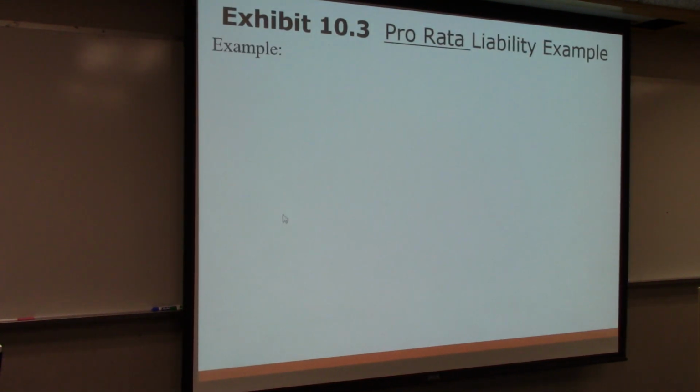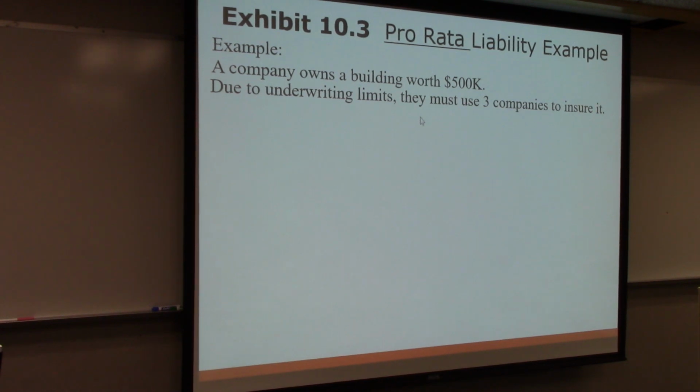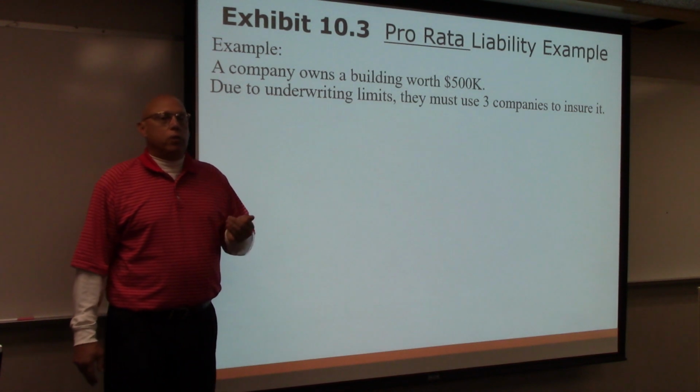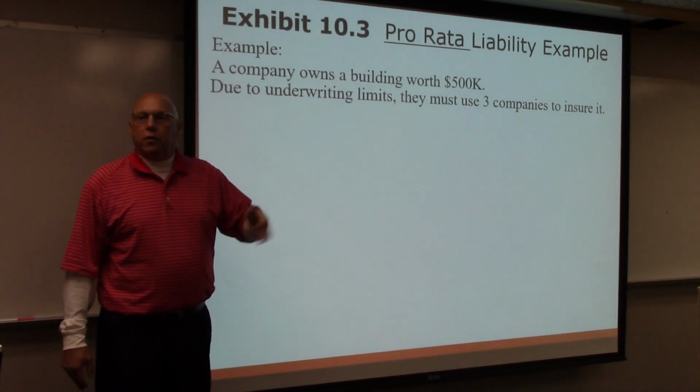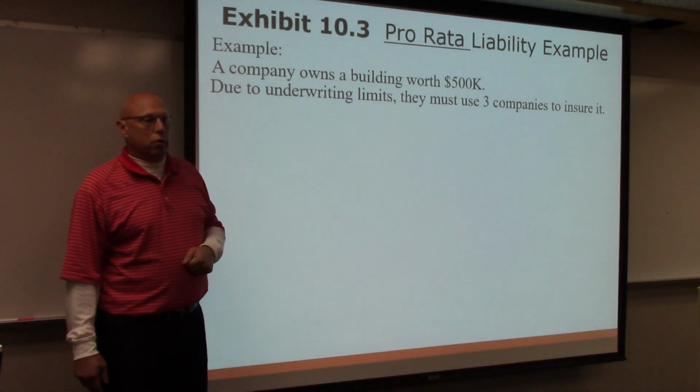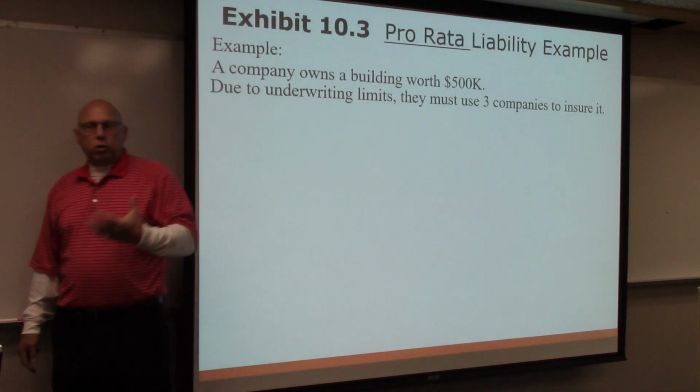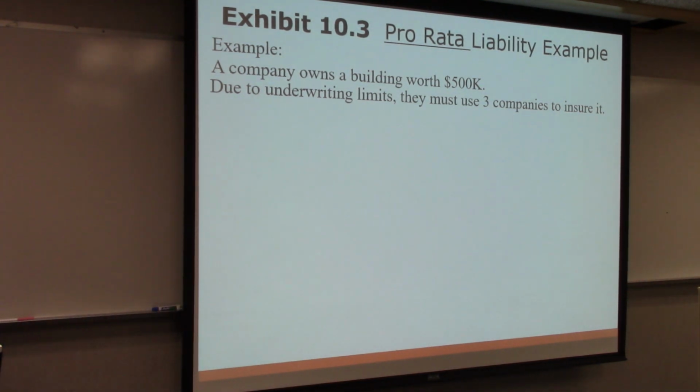All right, so this is pro rata. So a company owns a building worth $500,000, and because of underwriting limits, which means the insurance companies don't want to take on the entire amount of loss, they put together an underwriting group. So three different companies are going to insure this building.